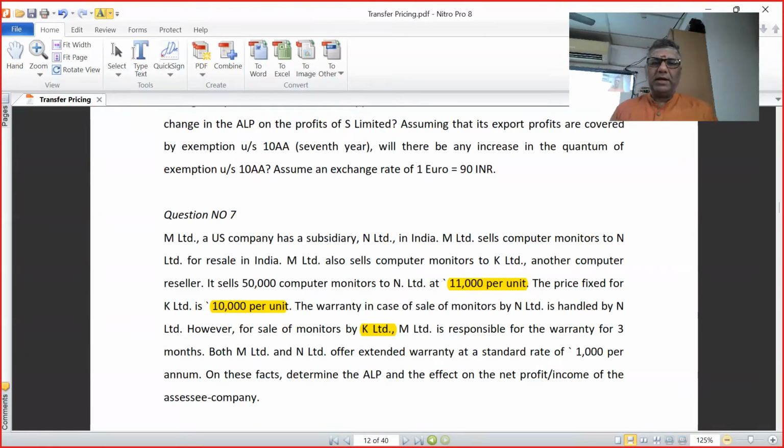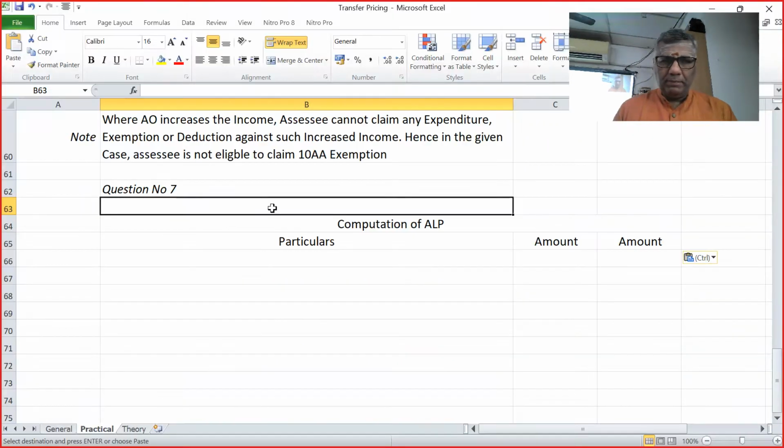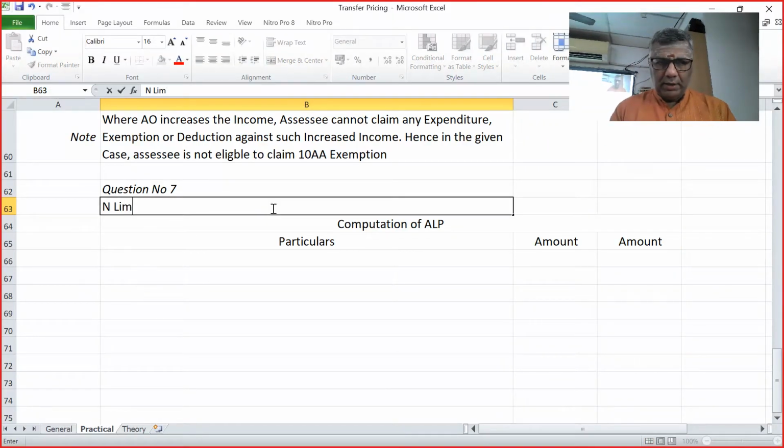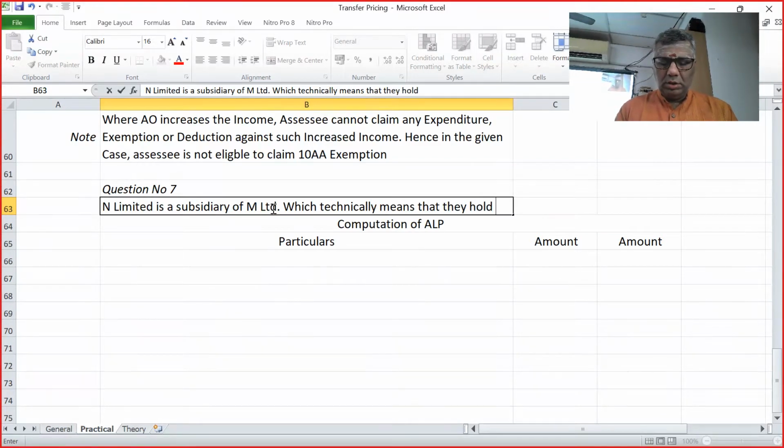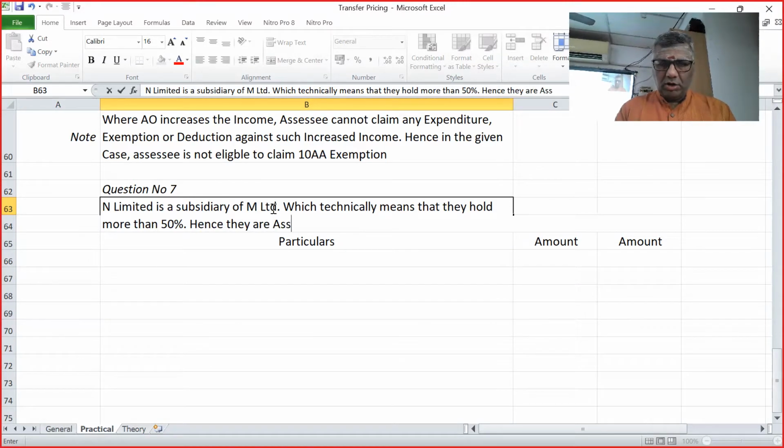I'll go for the detailed answer here. Okay. N Limited is a subsidiary of M Limited, which technically means that they hold more than 50%. Hence, they are associated enterprises.